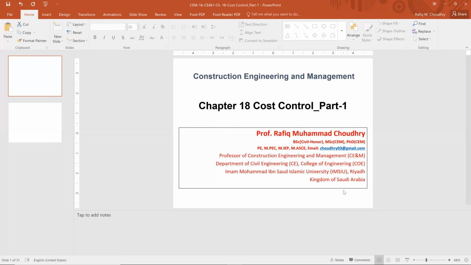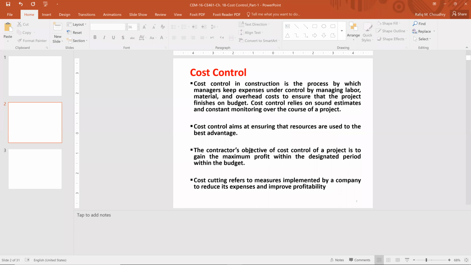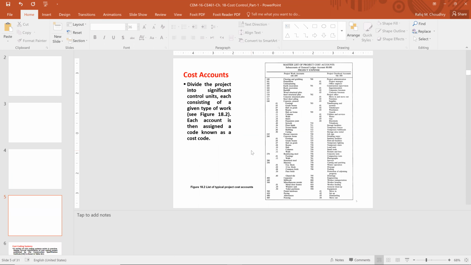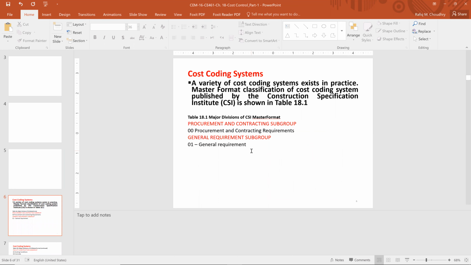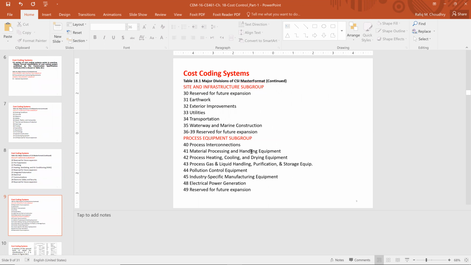In this part we learned how we have to control cost: the cost coding system, then cost accounts. The cost coding system by the Construction Specifications Institute has 49 divisions for preparing our specifications and managing these items step by step.